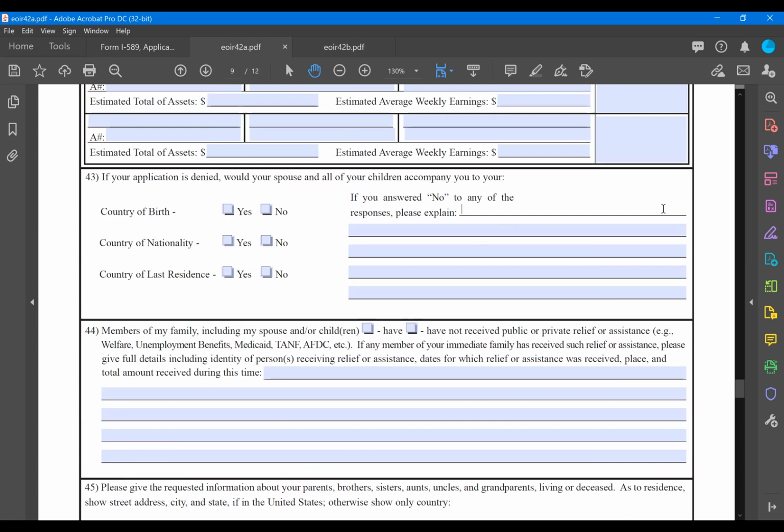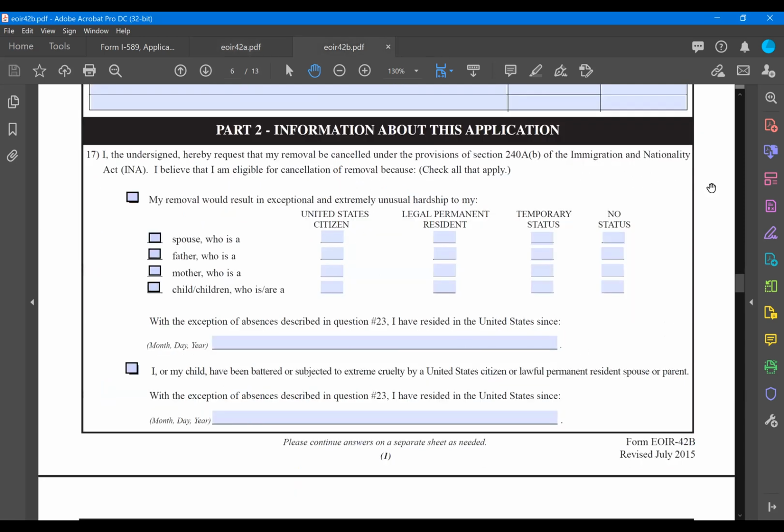Even though it's not an element, we still try to show it wherever we can. With the 42B, for somebody who's not a permanent resident, we have to show extremely unusual hardship. And we have to mark out who it is, whether it's a spouse, a parent, or a child, and whether they're a citizen or a permanent resident.